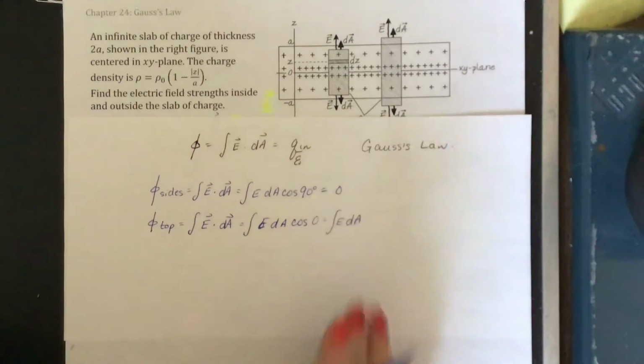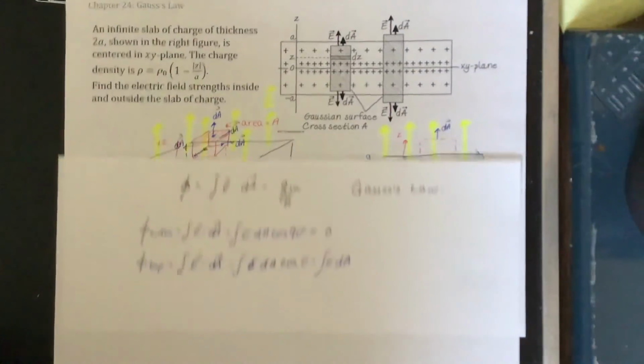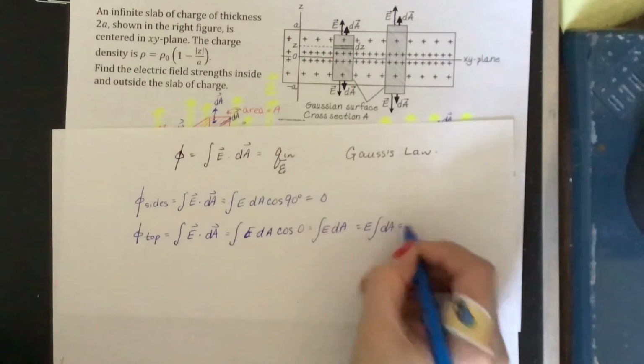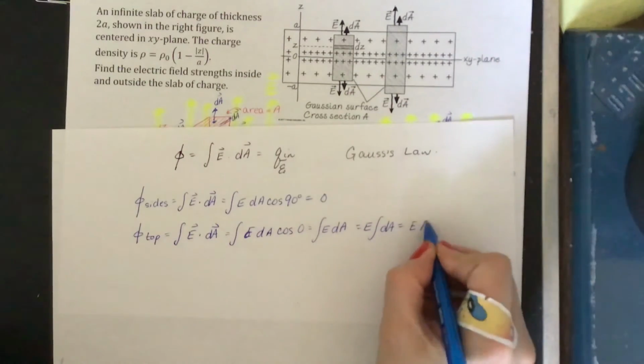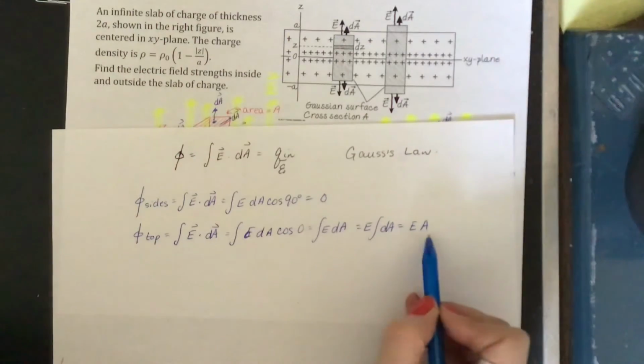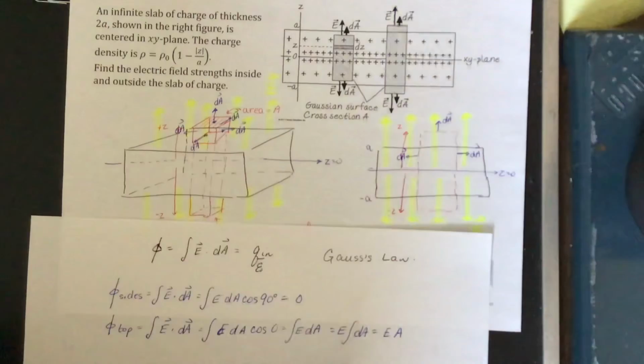If we're a constant distance away from the slab, then our electric field is going to be a constant value, so E comes out front. The integral of dA is A, so our flux through the top is E times A, remembering that A is the cross-sectional area of that Gaussian surface.